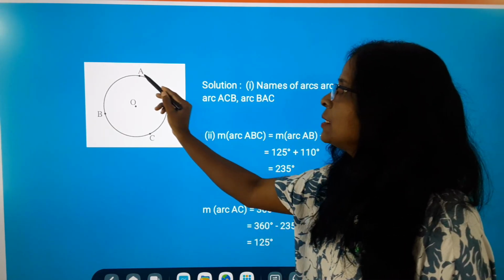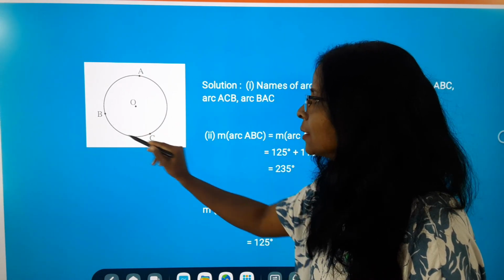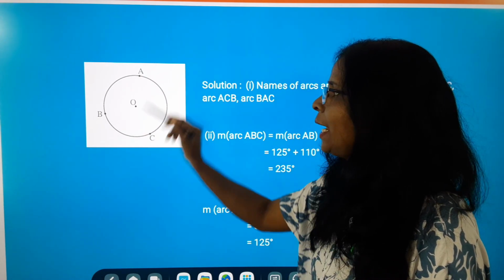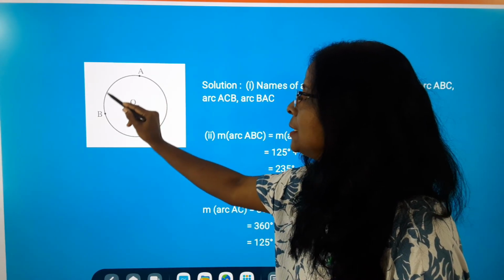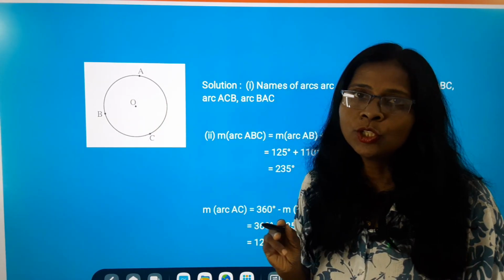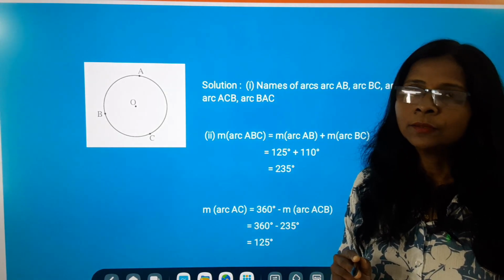So that means arc AB we can write also arc ABC, arc BC, arc CA, then arc BCA, and then arc CAB, in such a way. Okay, so these are the names of the arcs.